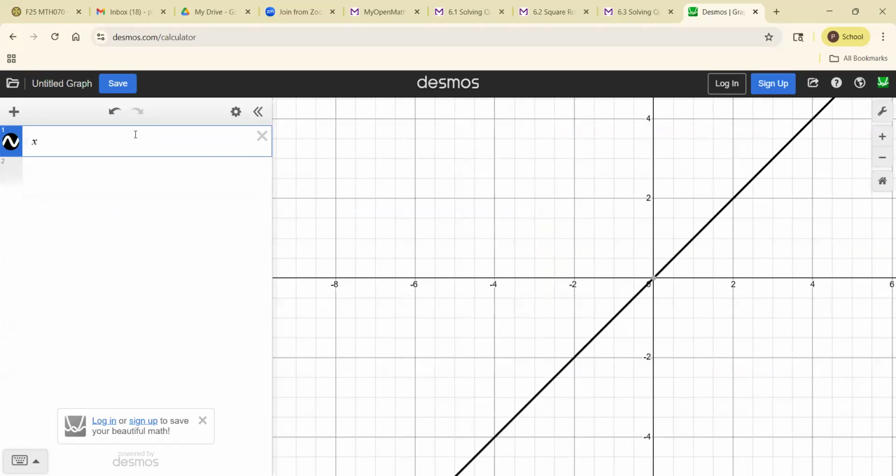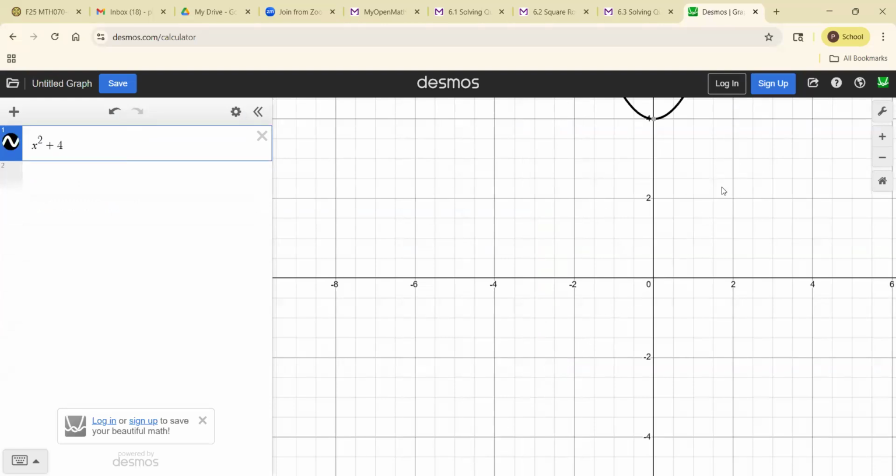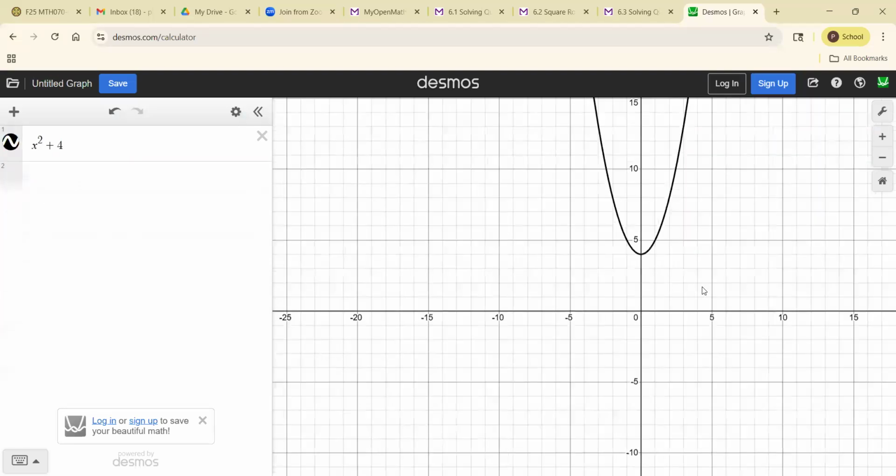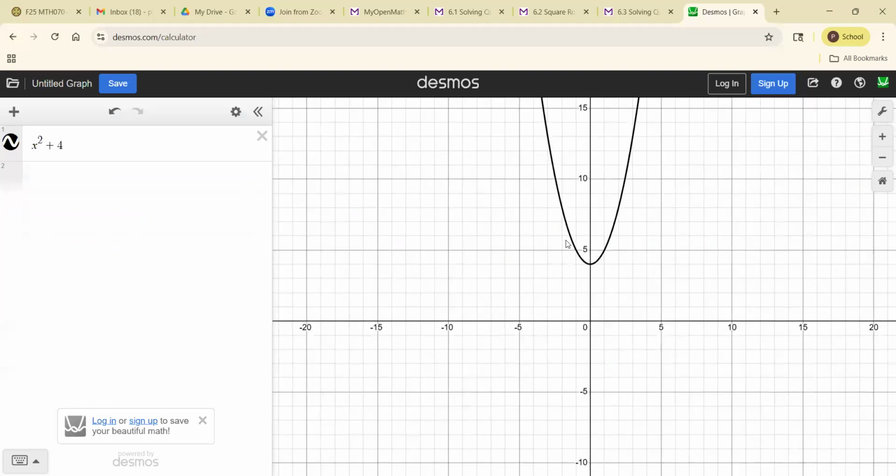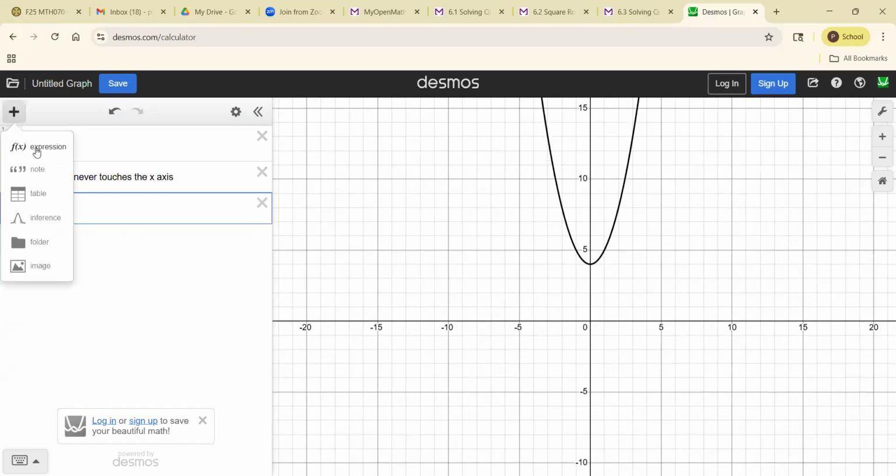I want x squared plus 4 to equal 0, but remember that would mean that it has to touch the x-axis. It definitely does not touch the x-axis. There are no solutions. The graph never touches the x-axis. Therefore, there are no x-intercepts.